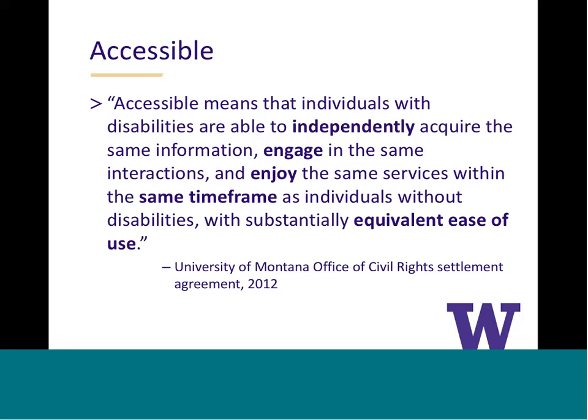So when you boil all this down, people with disabilities need to be able to do all the things that everybody else can do. They need to do it independently in the same time frame and have access to the same experiences.